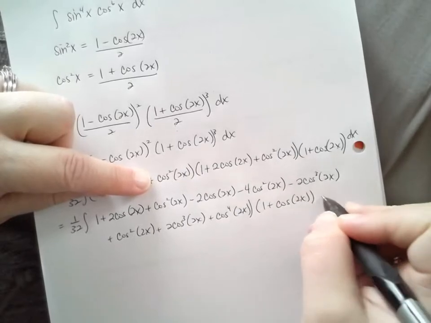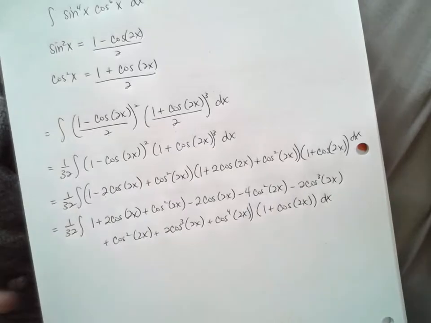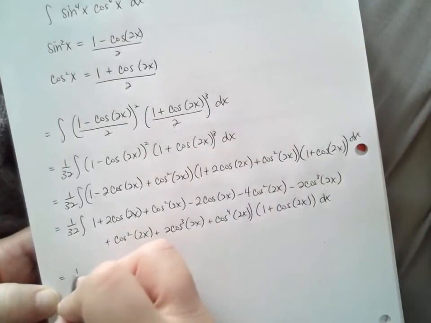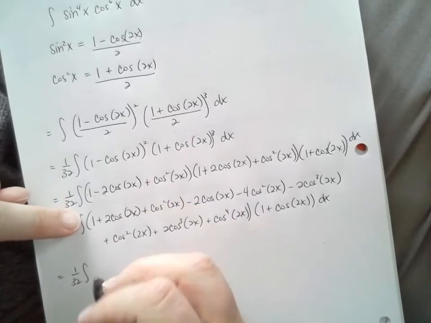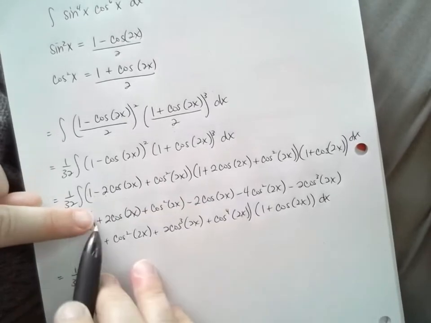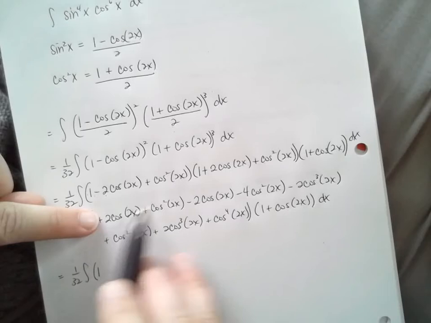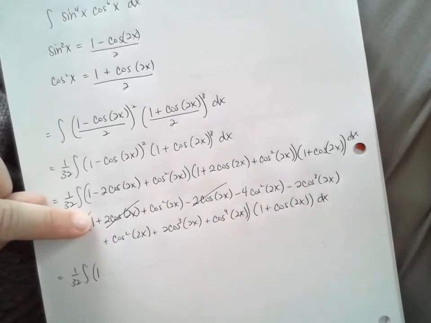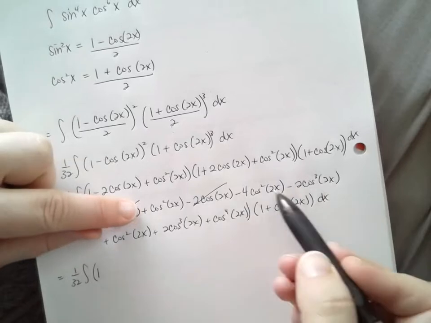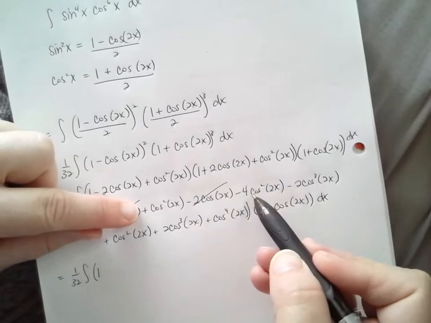Before I do that, though, I'm going to see if there's anything that repeats so I can simplify this a little bit. I only have 1. Do I have cosine 2x? Yep, right there. The positive and the negative cancel. So I have cosine squared right here. Cosine squared minus 4 would be negative 3.